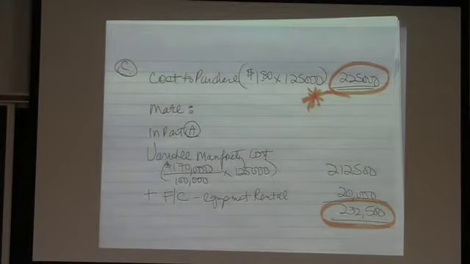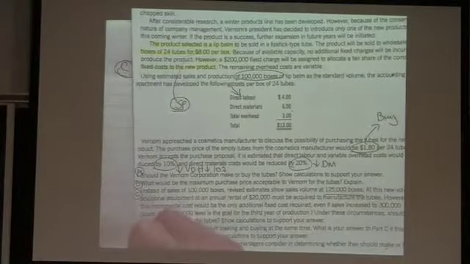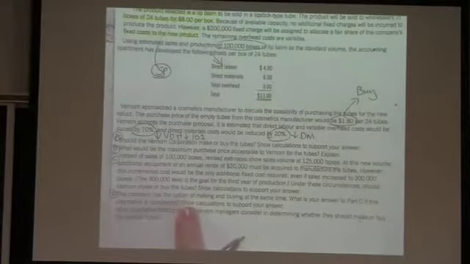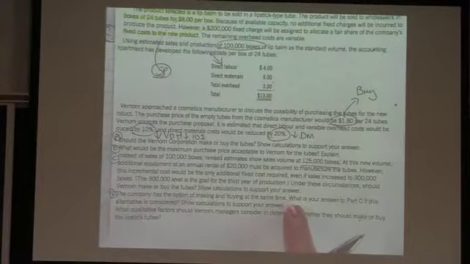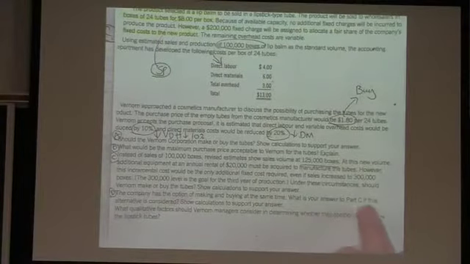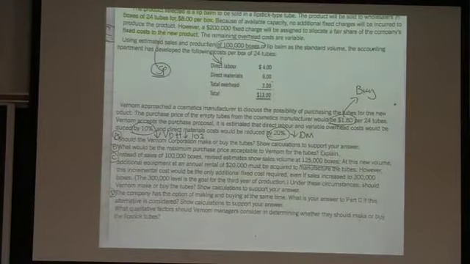Now, let's look at Part D. Part D says the company has the option of making and buying at the same time. What is your answer to Part C if this alternative is considered?